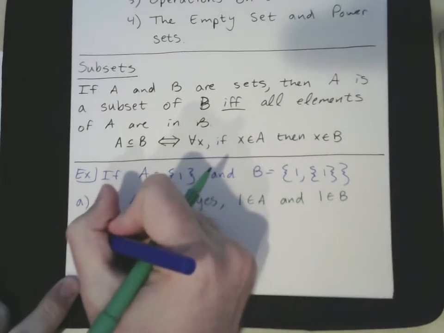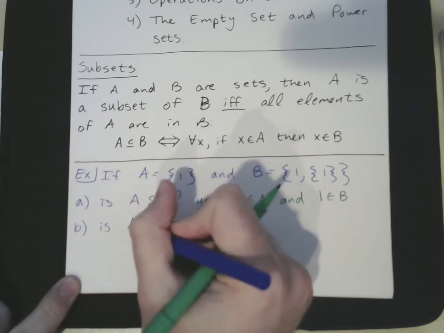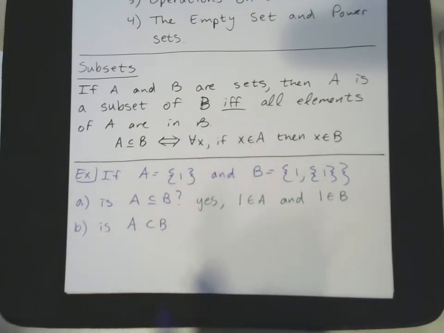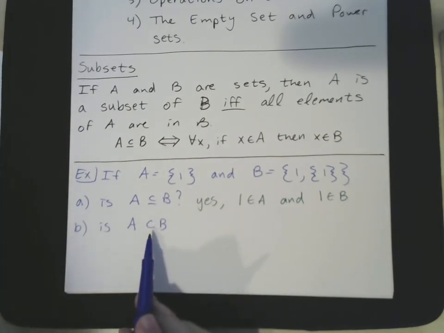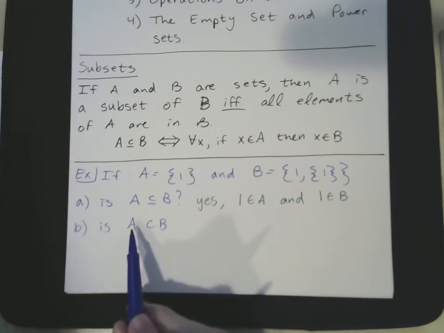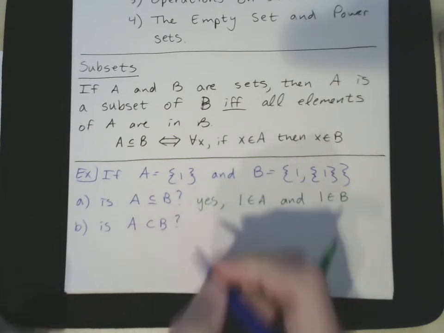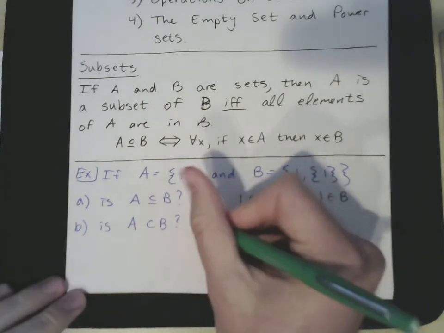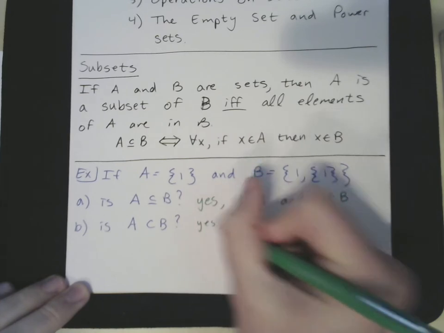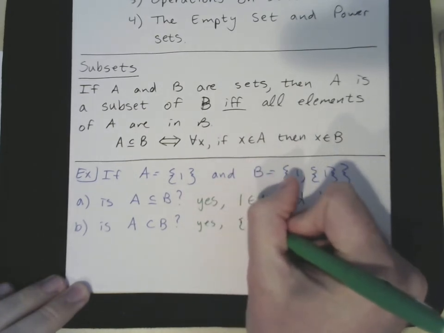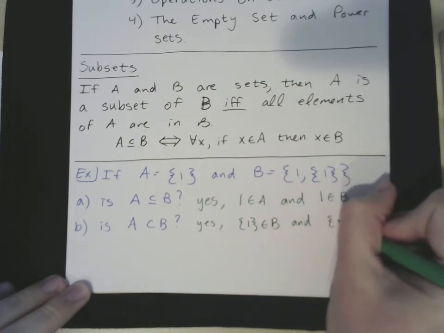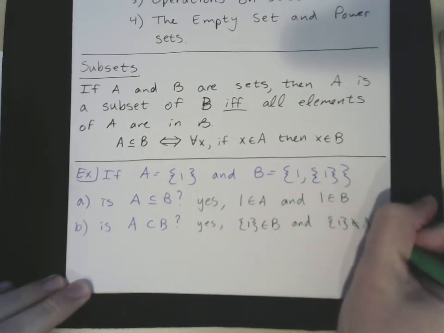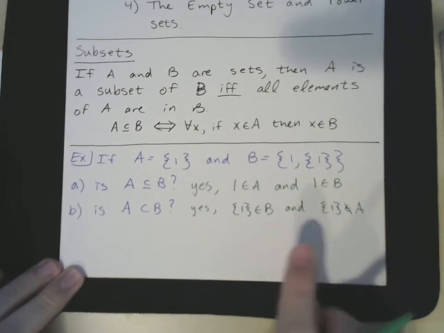Now, when we have this symbol without the equals, we are doing proper subset. So we're going to define this in a second. So is A a proper subset of B? And again, the answer is yes, because we have that singleton set that is an element of B, and the singleton set is not an element of A. We want to make sure that we're clear on the difference here.